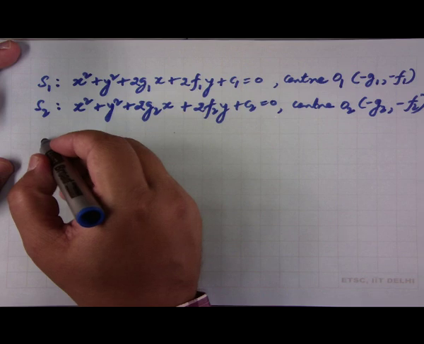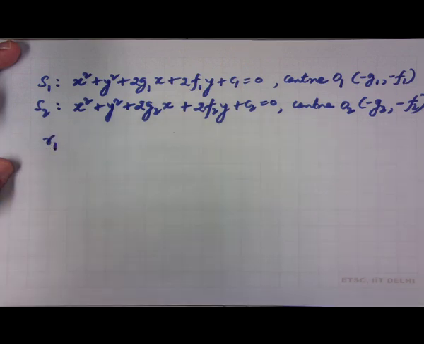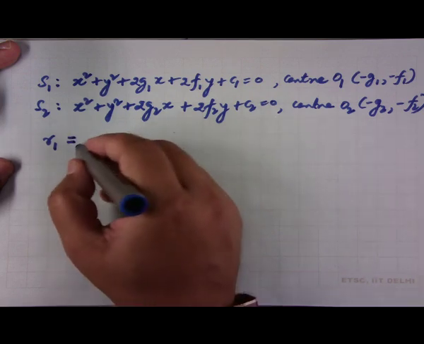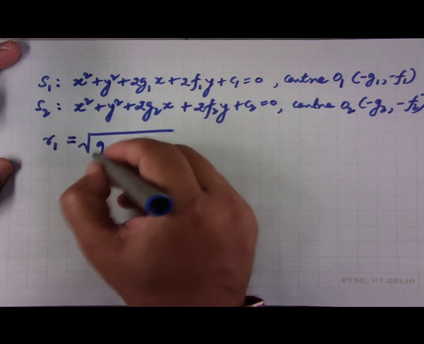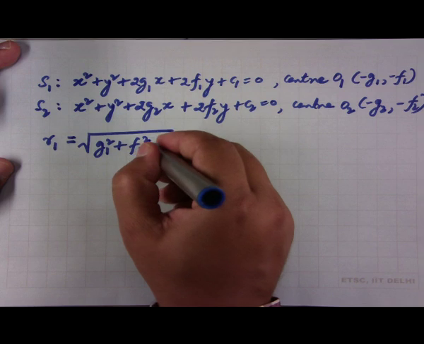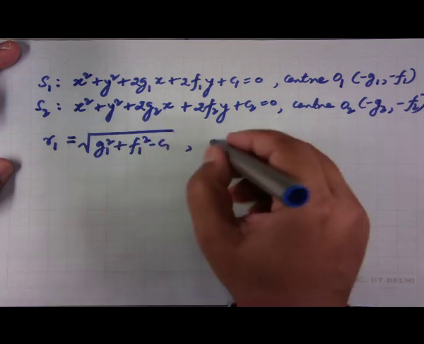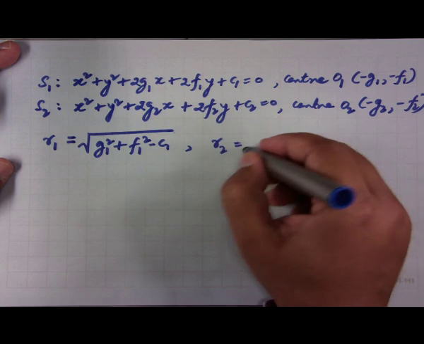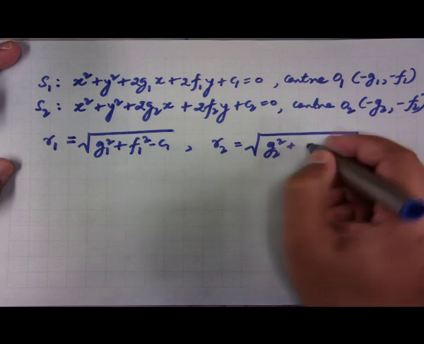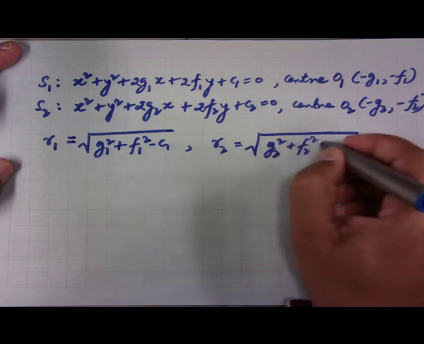The radius of the first circle, R1, equals the square root of g1 square plus f1 square minus c1, and similarly the radius of the second circle S2 is the square root of g2 square plus f2 square minus c2.